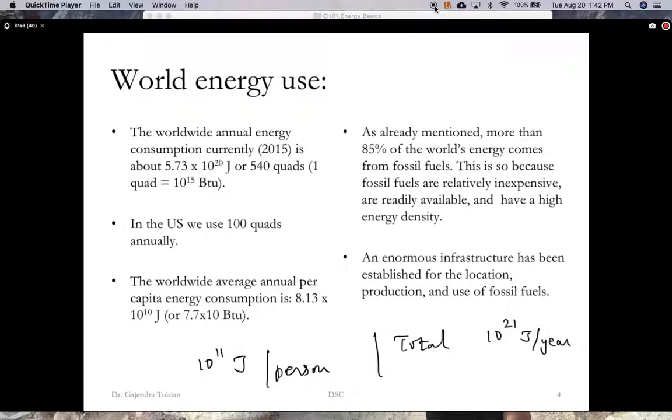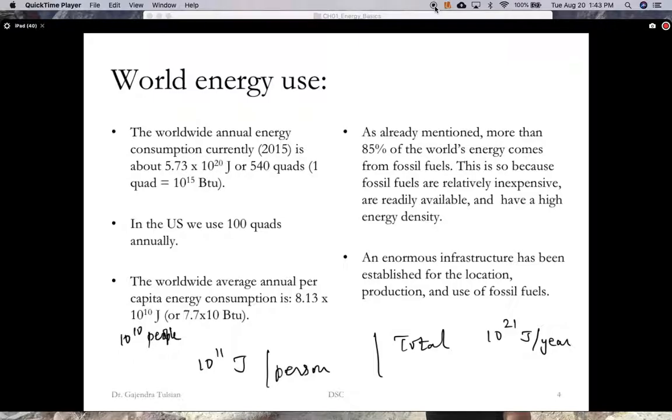And this makes sense. There's about 7.5 billion people, but let's say 10 billion people. 10 billion people is 10 to the 10 people on Earth. And 10 to the 10 times 10 to the 11 gives you the total energy used. All right.